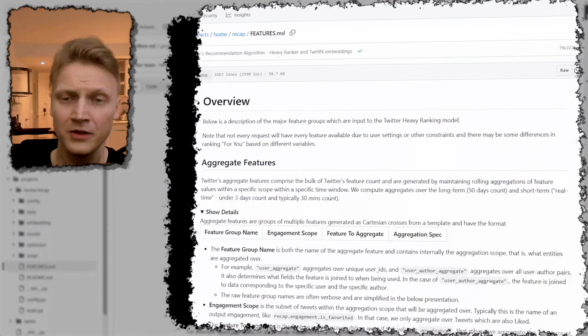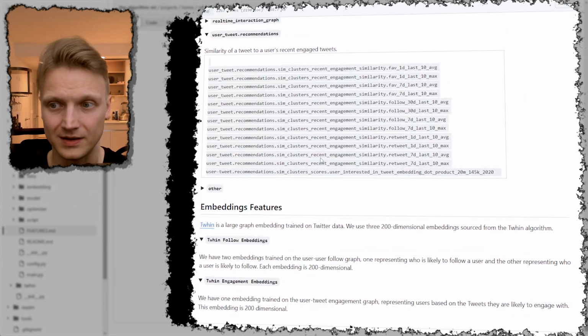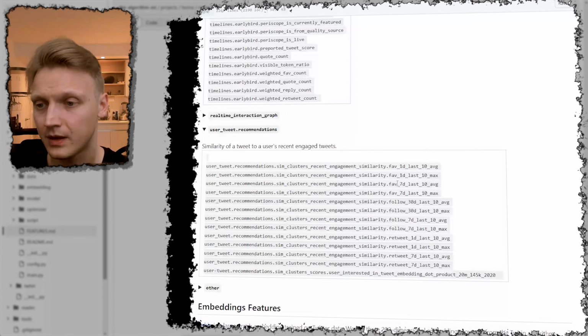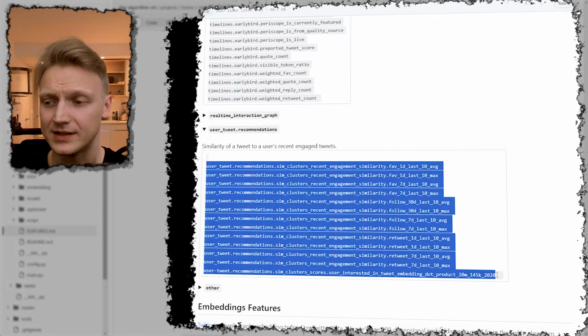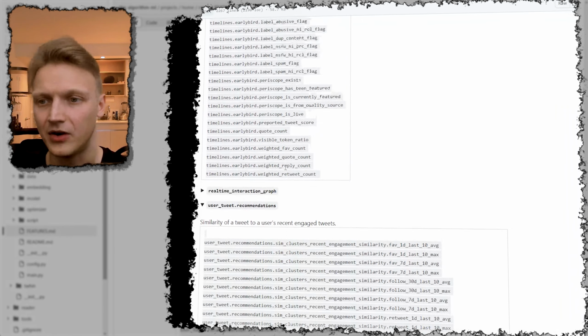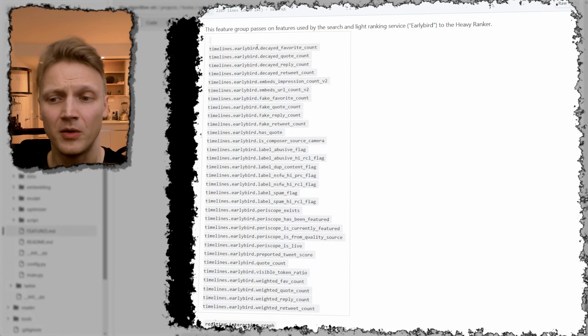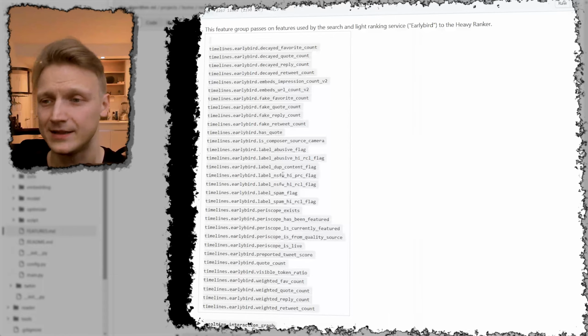If we scroll through this long document, we'll see a bunch of feature names that are representative of a particular system where they're coming from. For instance, this group of features are sourced from SimClusters, which we've already covered. Another group is a subject for retrieval from the Earlybird search system.